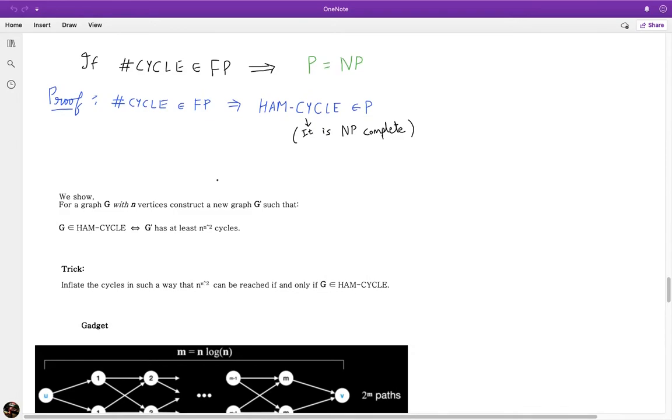So, if we show that Ham cycle belongs to P, then we automatically say P is equal to NP because Ham cycle is NP complete.